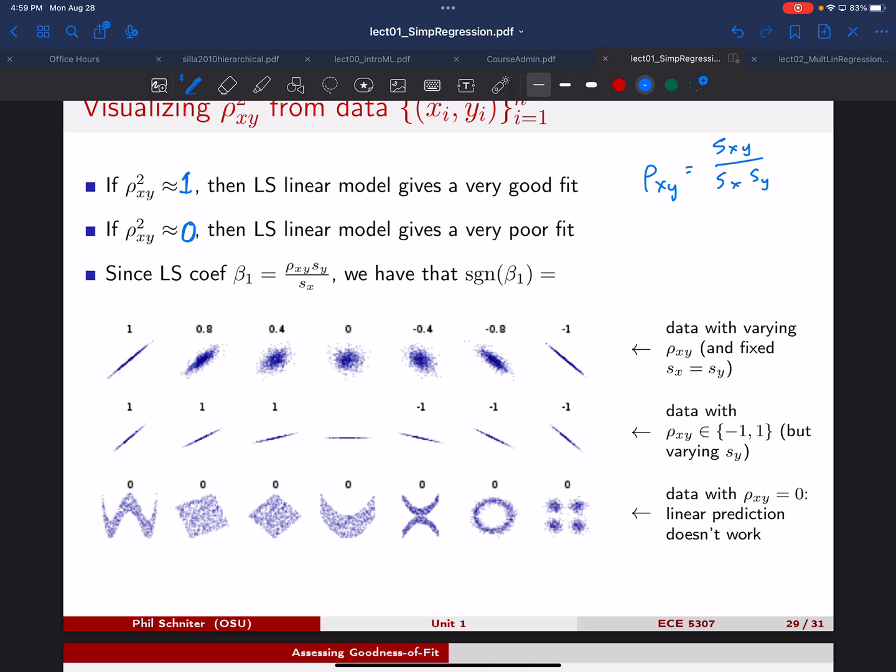So in this case, what is SY? What is the standard deviation in the vertical dimension? 0, right? So we have 0 here. What about this? This is also 0.